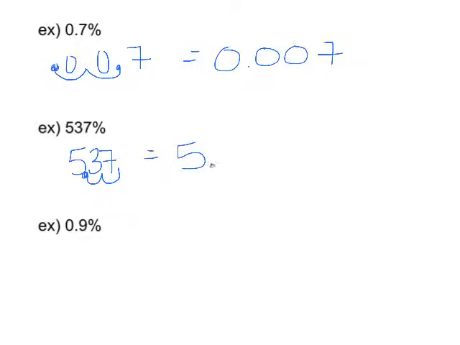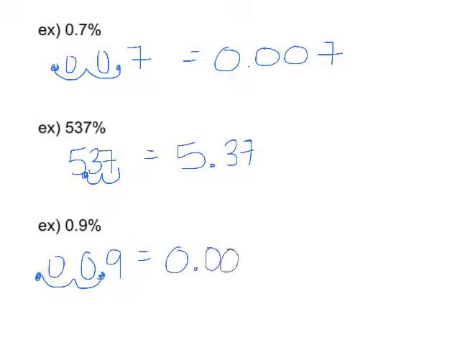So I have 5.37, because it's just a decimal, which actually makes sense because my percent is over 100. Then 0.9%, I'm going to write 0.9, move my decimal twice, and I'm left with 0.009.